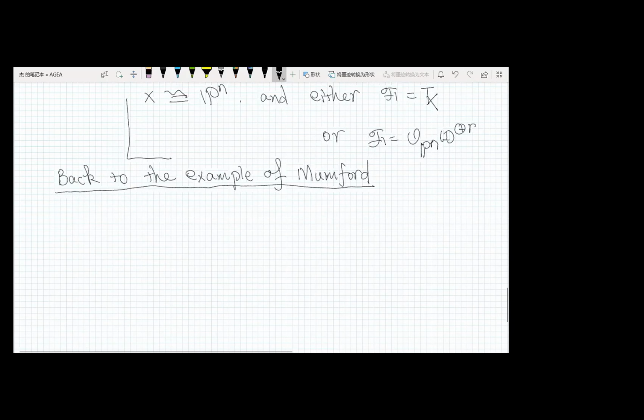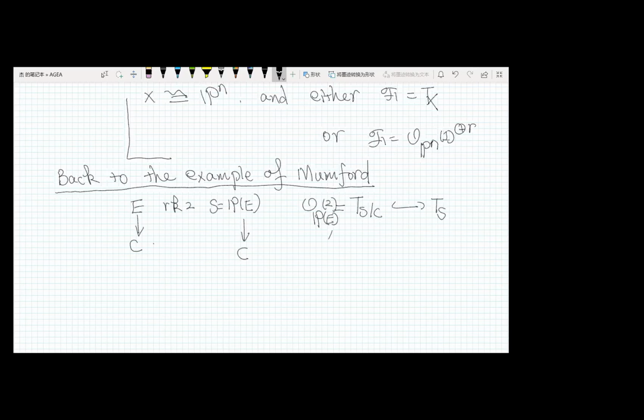In Mumford's example, we consider C to be a curve of genus at least 2. You consider E to be a vector bundle of rank 2 over C. You consider P(E) over C. This is S. Now you consider the relative tangent bundle of S over C. This is a subbundle of T_S, and you can say that this is isomorphic to O_P(E)(2).